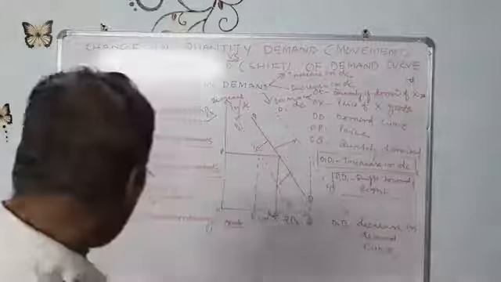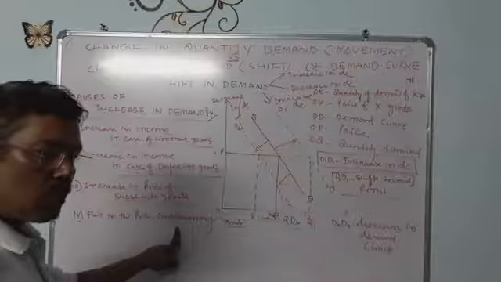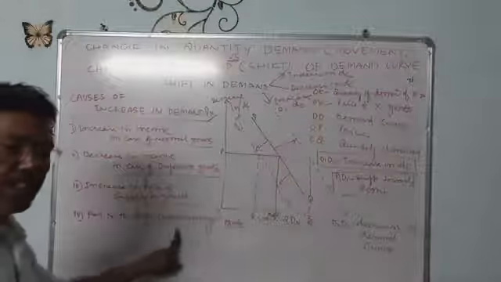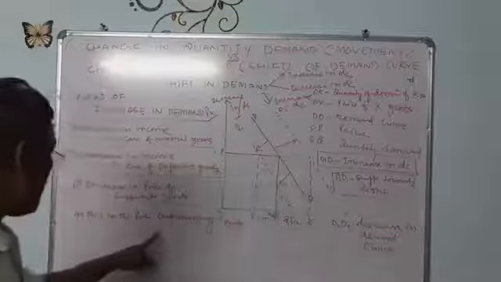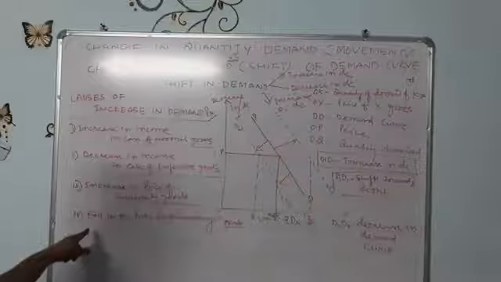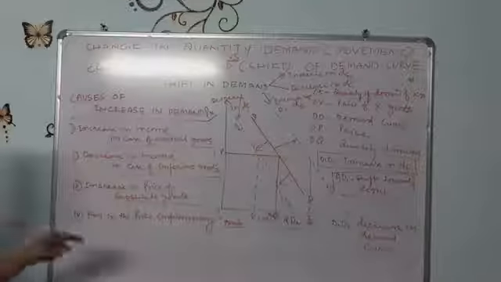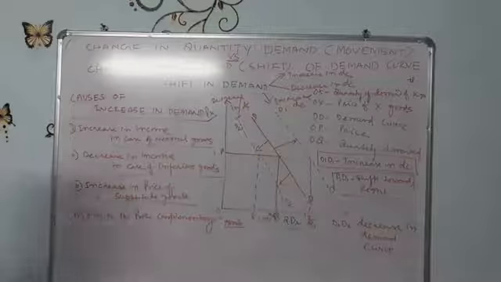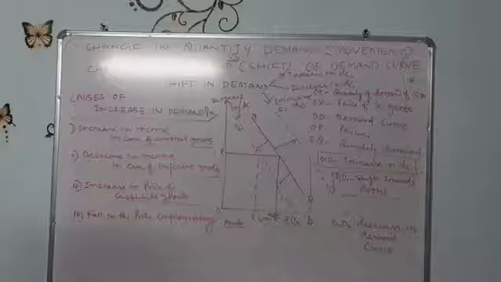That is why this is called a fall in the price of complementary goods. If the petrol price decreases, the demand for scooties will be more and more. So at the same price, scooty demand will be more. That also leads to an increase in demand.